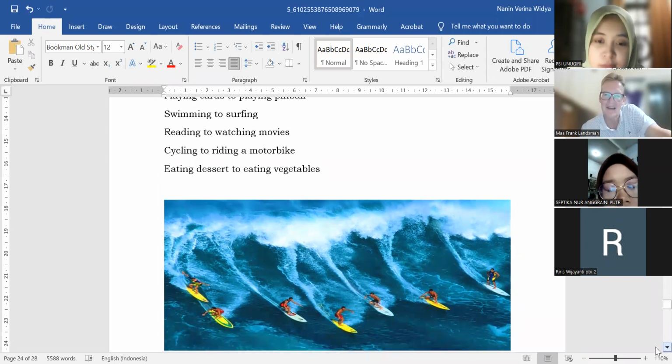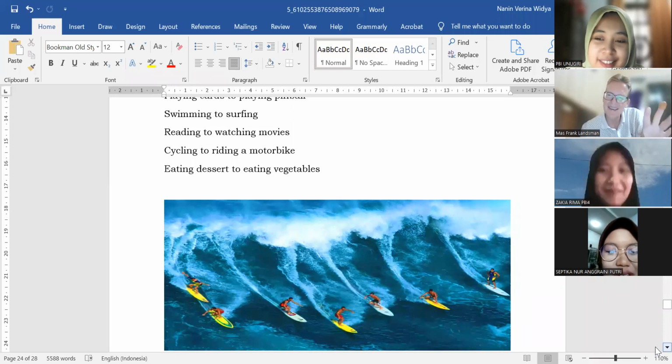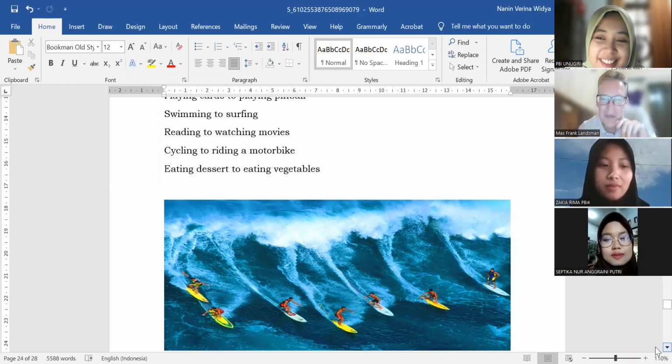Reading to watching movies. Any ideas? Reading. Watching.